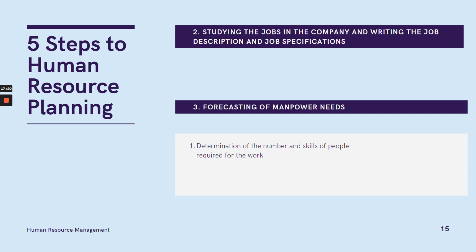Right? Number three is inventory, forecasting of manpower needs. So mo na ni, you are going to determine the number of people and the skills of people nga required sa work, di ba? So pag mag-forecast kag manpower needs, ang next ana is you are going to determine the work input.